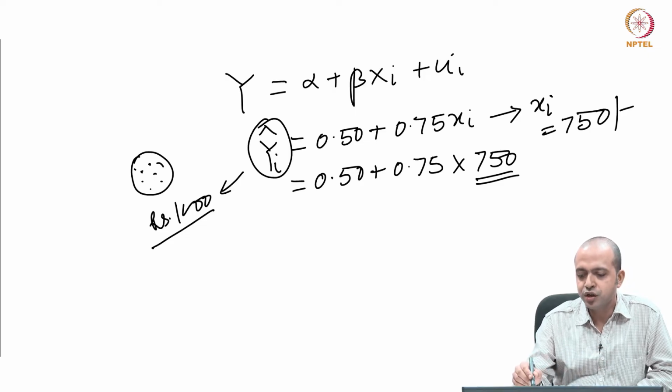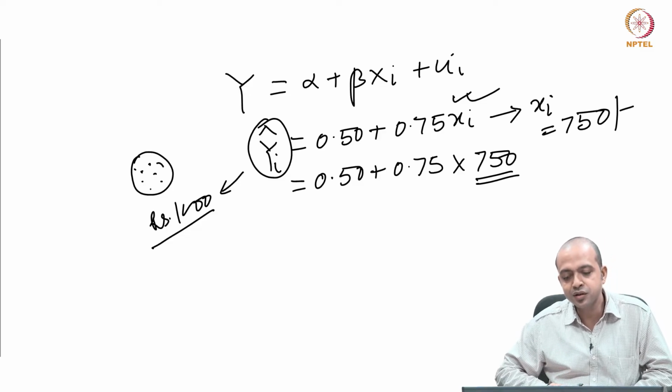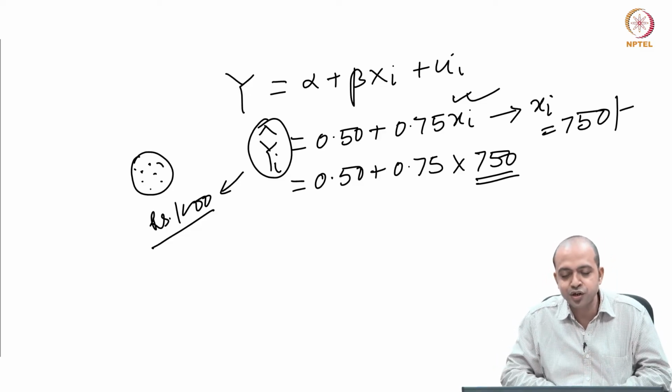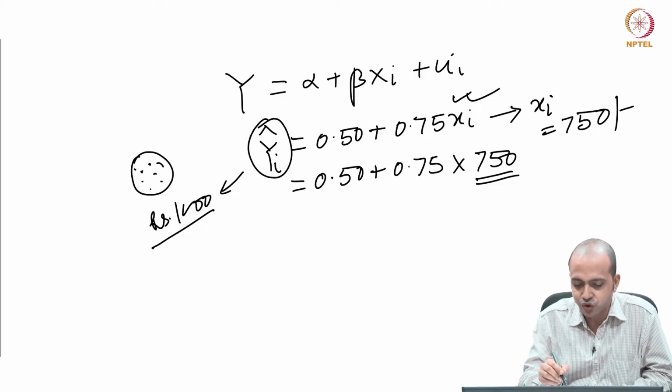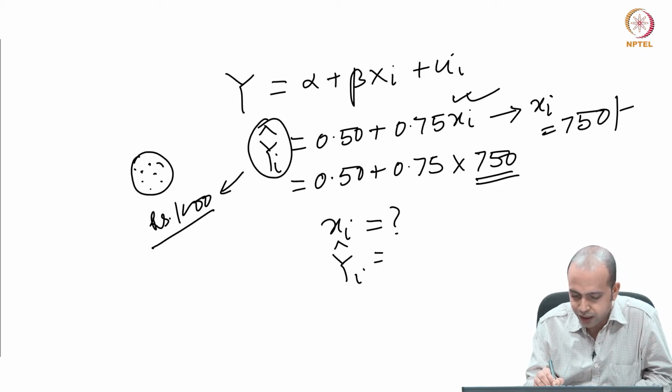So, what should be my level of income? That also you can easily estimate from this estimated equation. You can actually solve for xi. What is the value of xi when, let us say, yi hat equals 1000 rupees?